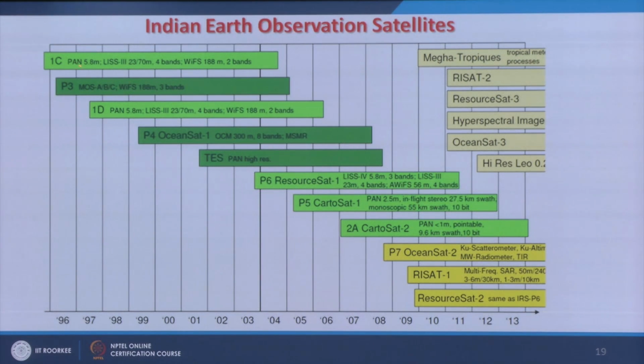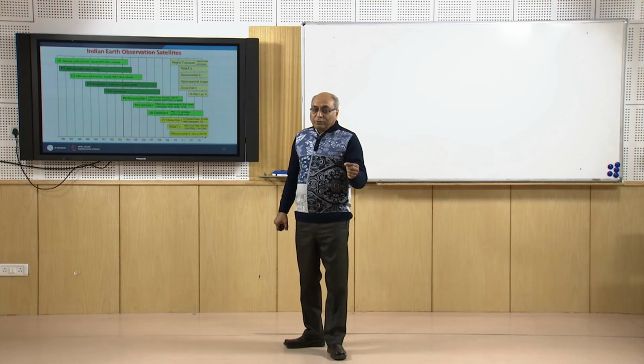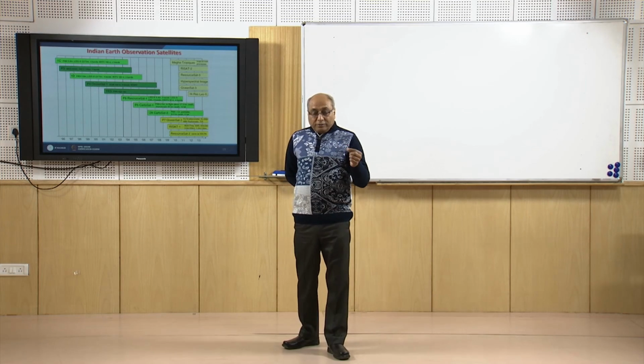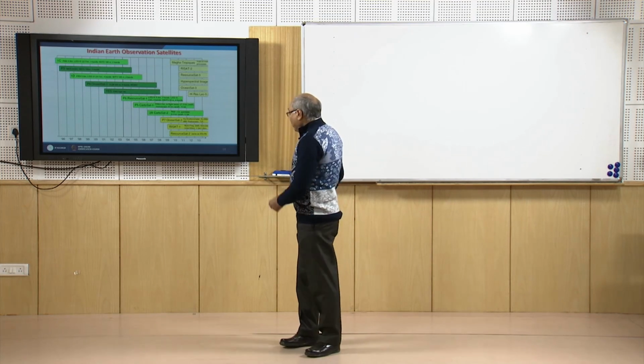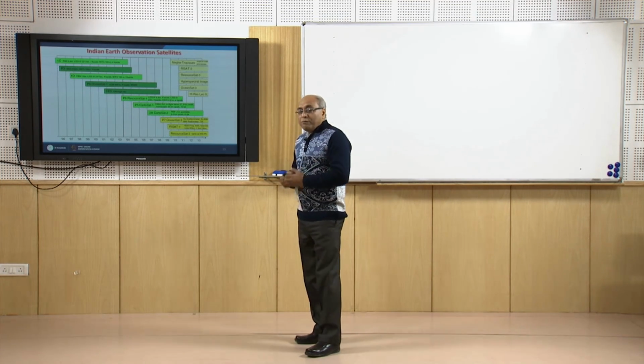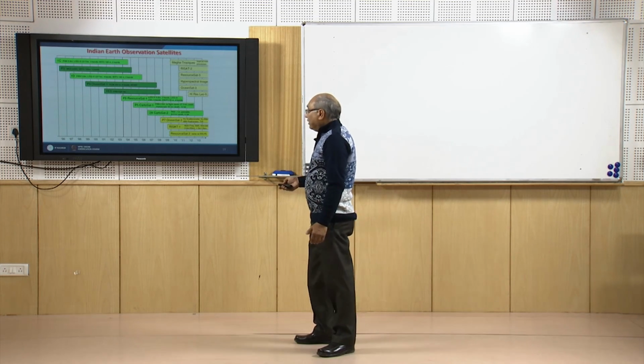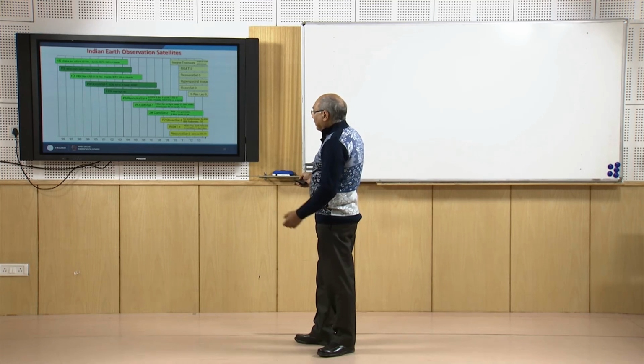So as you must have realized, just like comparing Landsat 1 and Landsat 8, if we compare IRS-1A and our current Resourcesat-2, a lot of improvements have happened in Indian remote sensing satellite missions, and they are still continuing.